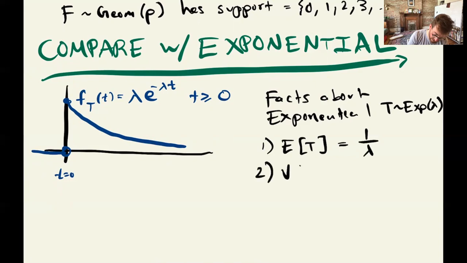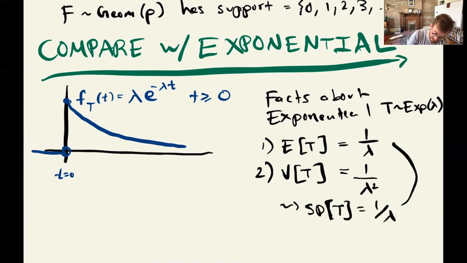And the variance of t is 1 over lambda squared. So in particular, the standard deviation of t is 1 over lambda. These actually match. So expectation and standard deviation end up being the same for an exponential random variable.